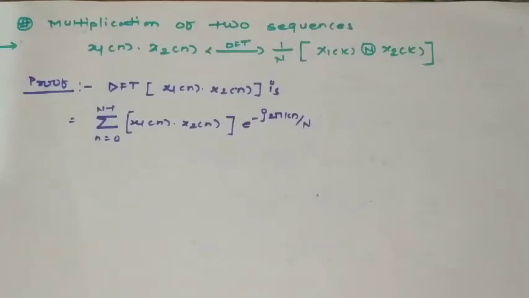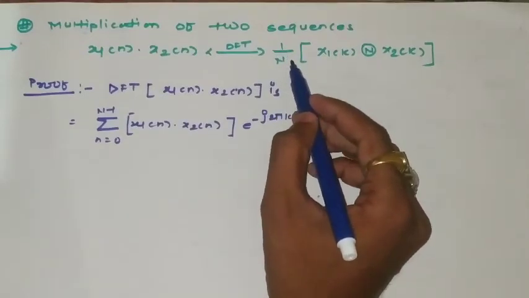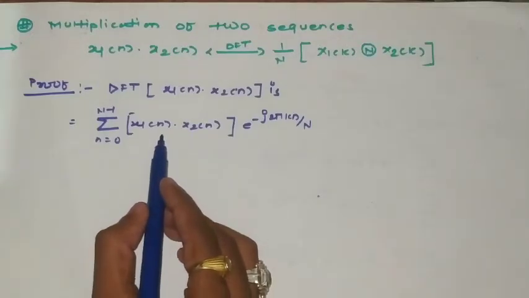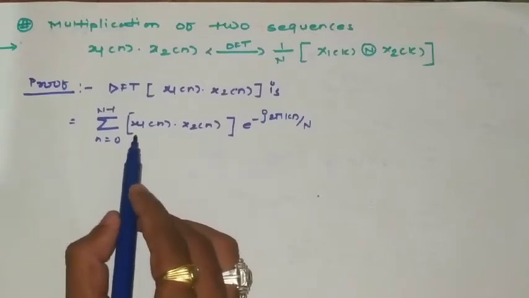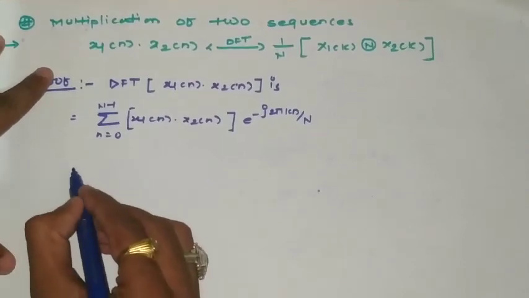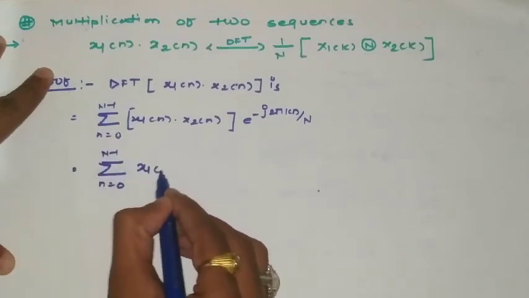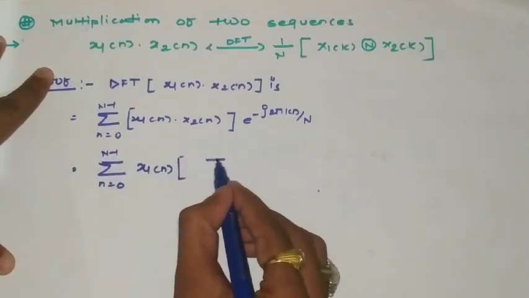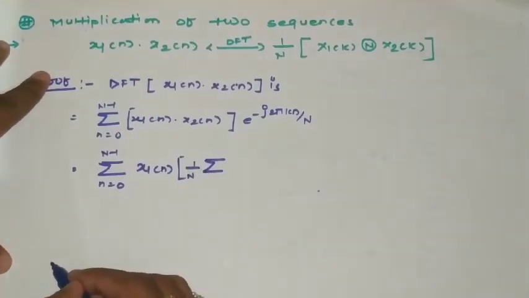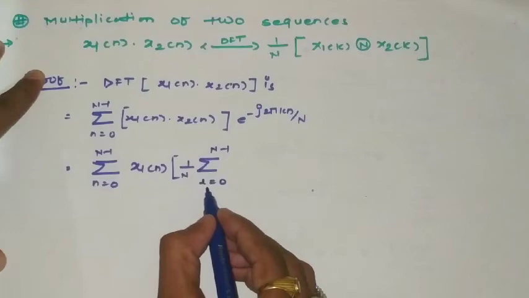Now when we want to proceed further, just observe the RHS term. Here we need 1 by N, and 1 by N can be obtained by using IDFT. That means either we have to write x1 of n or x2 of n in terms of IDFT, so that we can get the term as 1 by N. So here we will make the changes, and I am simply writing the first term as it is, that is x1 of n, and instead of x2 of n we will write the IDFT term, which becomes 1 by N, and here we will assume the variable as L. Here I am not assuming the term as k.